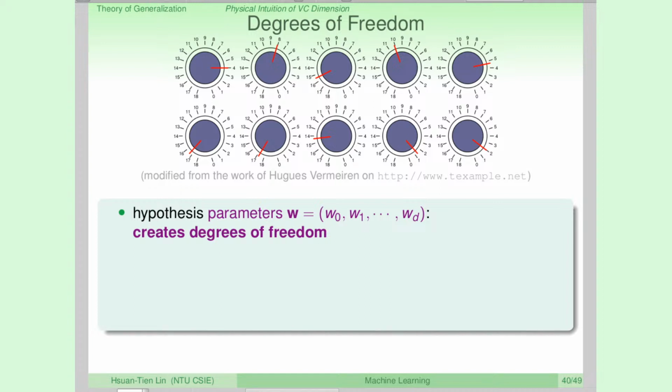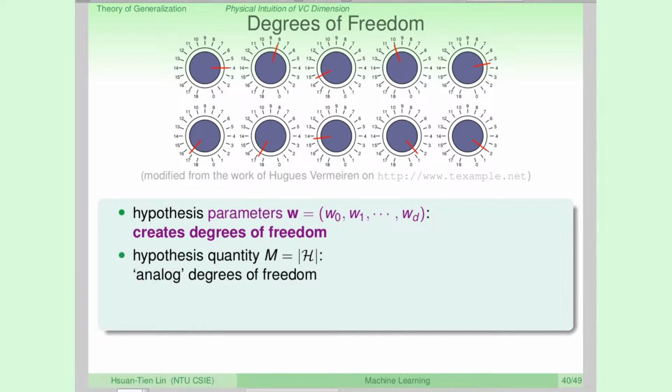VC dimension sort of quantifies the degrees of freedom in your hypothesis set. In this particular perceptron case, the hypothesis parameters are the W vector, which is d plus 1 dimensional. So this is kind of the degree of freedom of your hypothesis set.